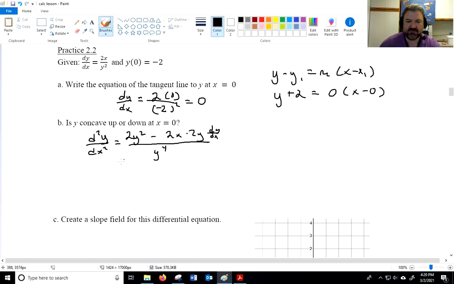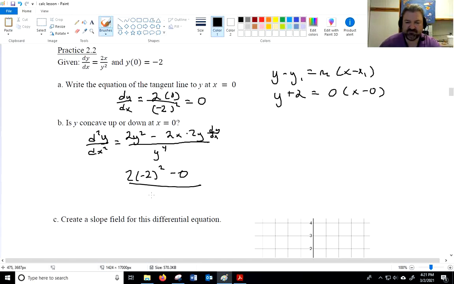Now, I don't actually need to replace the dy/dx because I already know that at x equals 0, the y value is negative 2, and we know that dy/dx there is 0. So this is just 2 times negative 2 squared minus this whole thing, because dy/dx is 0, also because x is 0, this whole thing is 0.